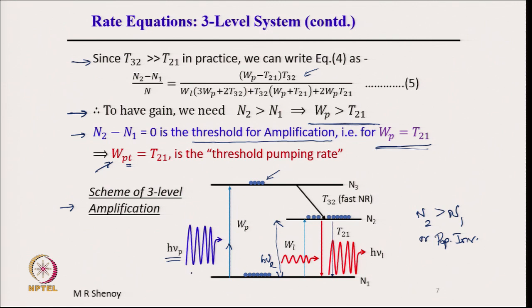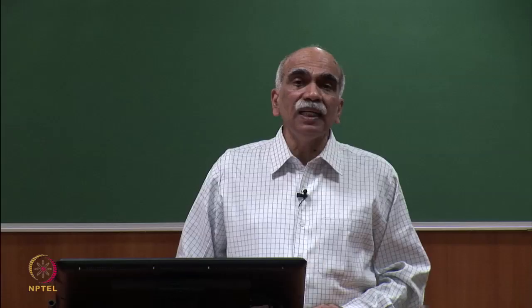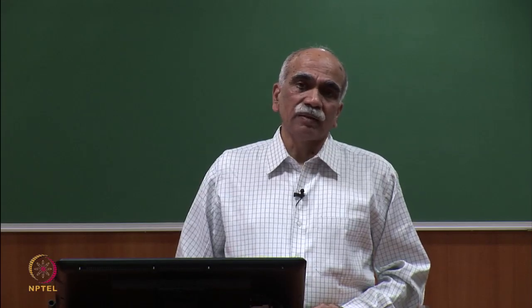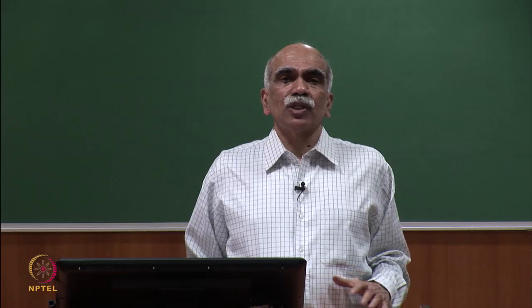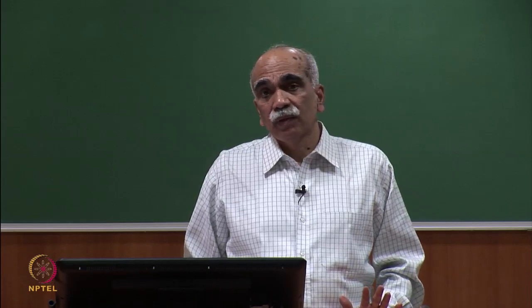So this is the pump causing a population inversion, which results in amplification of the signal or the laser radiation corresponding to the energy difference here. This is the principle of operation of a 3 level amplifier.